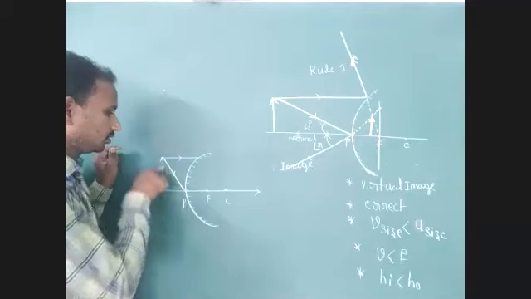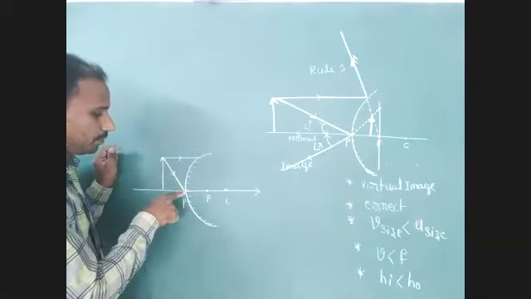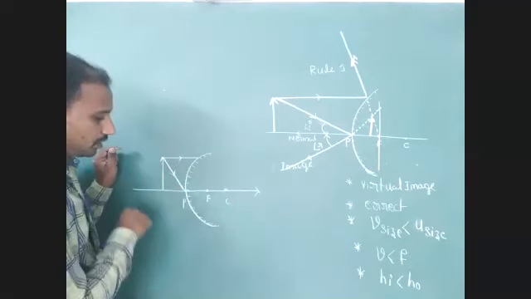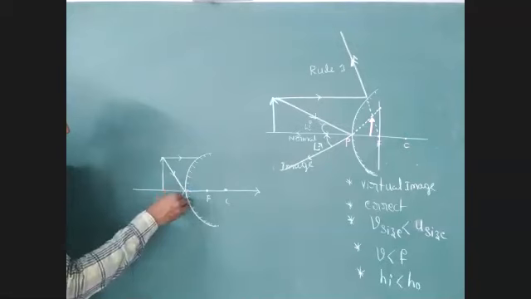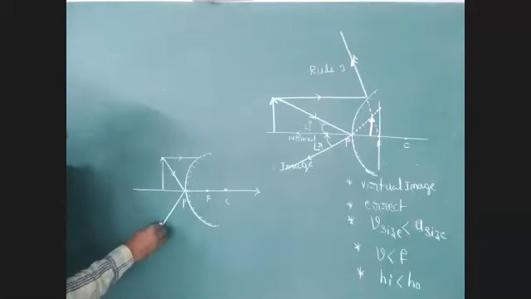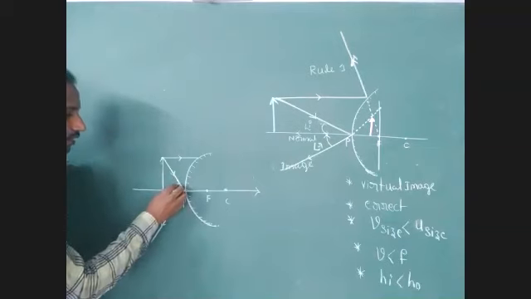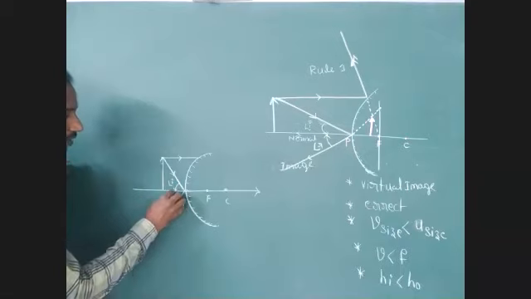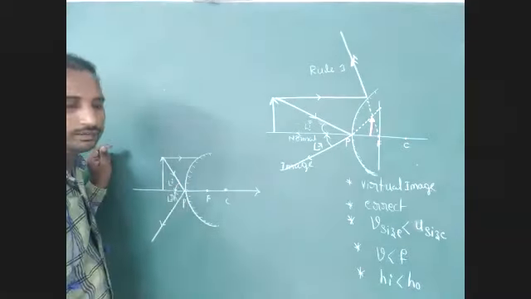In this direction, this incident ray is incident at a point P on this convex mirror. After that, we have to consider that reflected ray. Reflected ray rebounds into the same medium, but it follows laws of reflection. Angle of incidence equal to angle of reflection.